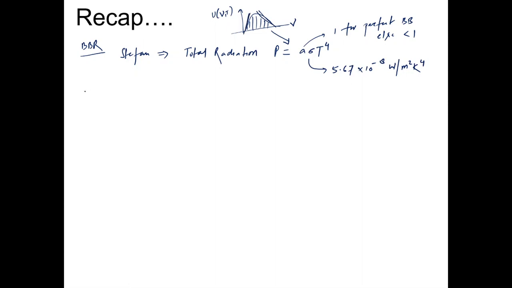One was given by Wien, and Wien's formula for the energy density per unit frequency was A nu to the power 3 times e to the power minus beta nu by T. Here A and beta are fitting parameters.